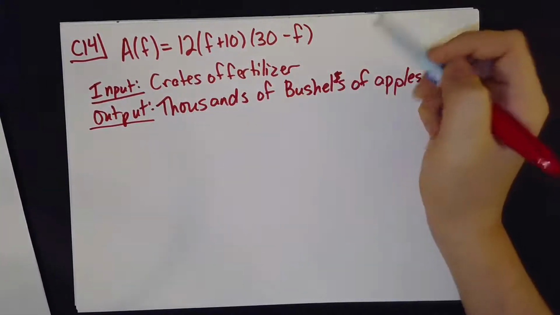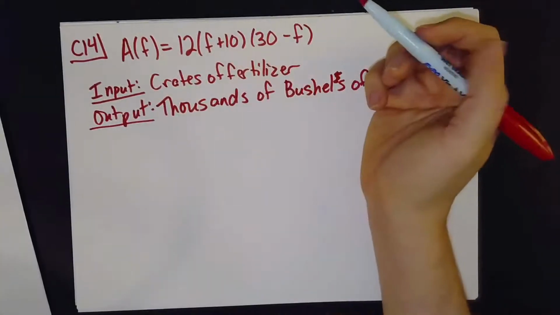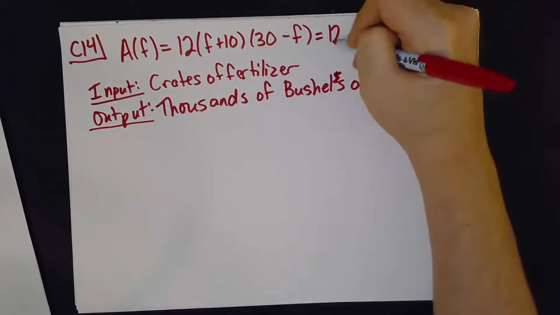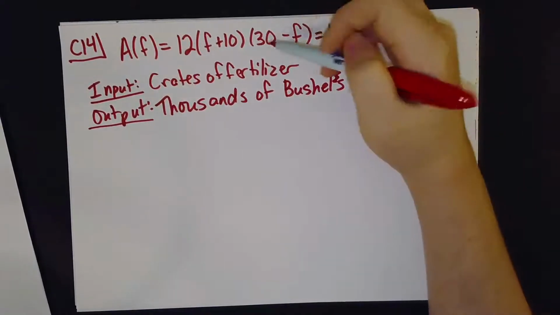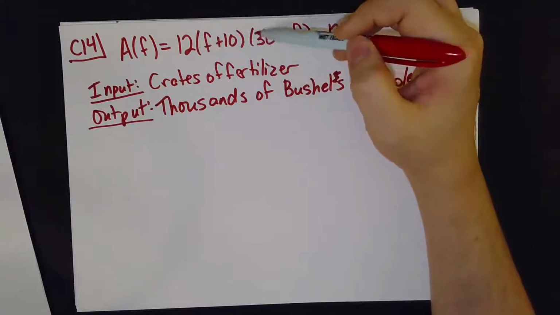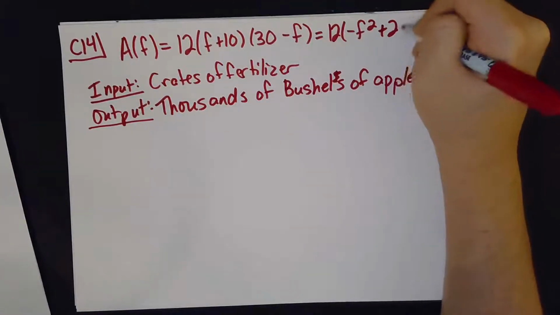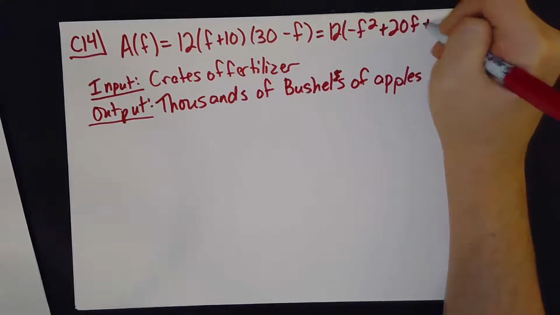Okay, so we have some questions about the derivative. Before I can take the derivative, I need to FOIL this out. So minus f squared, times 30, so plus 20f, and then plus 300.